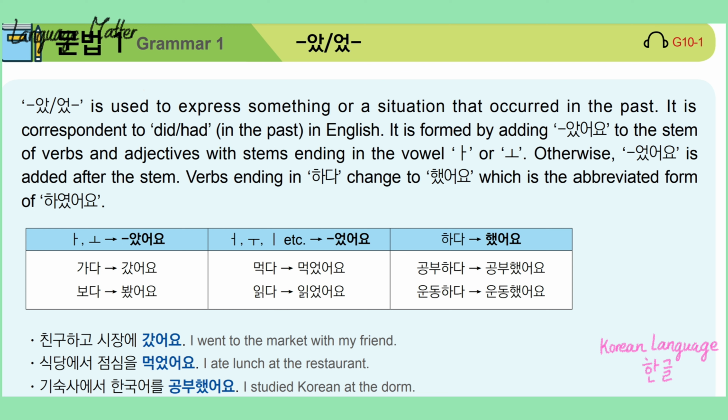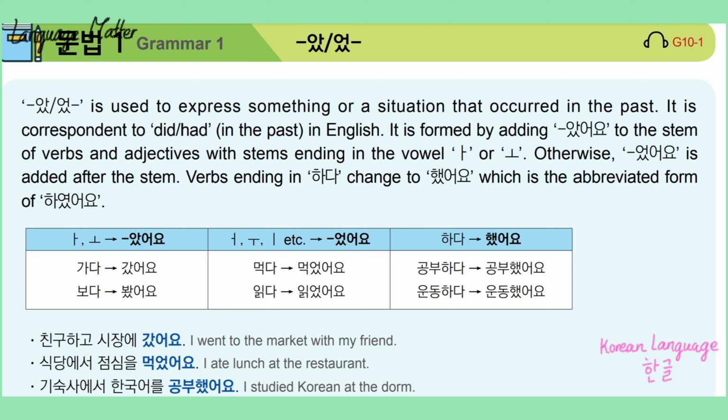Good, not 시장. Why? To the market. What's that in Korean? 시장에. Wow, that's great. And then finally, what's the verb? 갔어요. And what's that in English? Went. You got it. You can say sentences in the past tense.